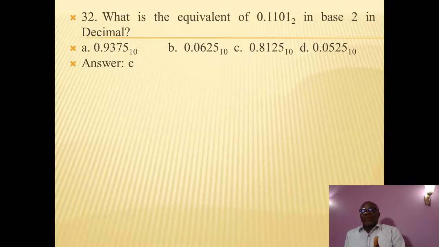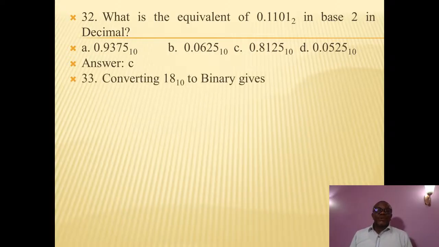Then the other one will now be 1 times 2 raised to power minus 4. So 2 raised to power minus 1 will give you 1 over 2. Likewise, if you do that and sum them, you see that it will give you 0.8125. That becomes your answer.